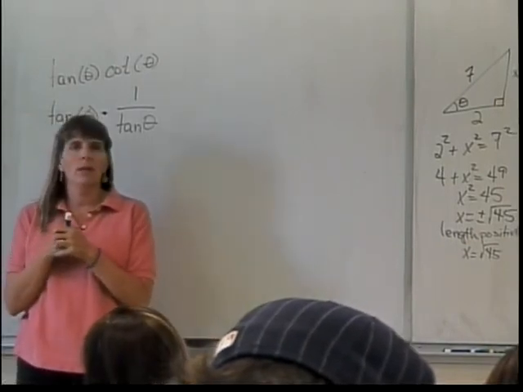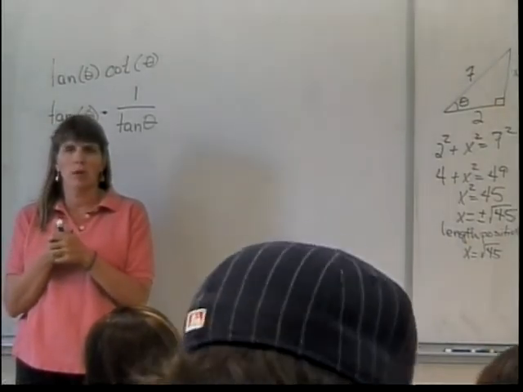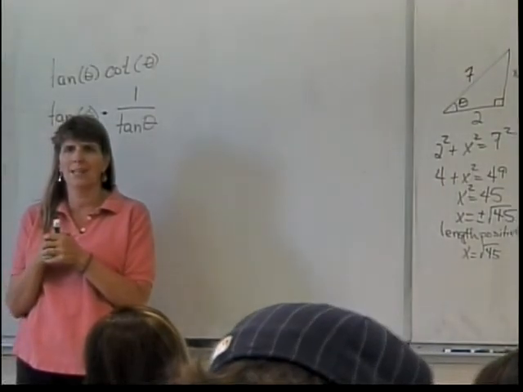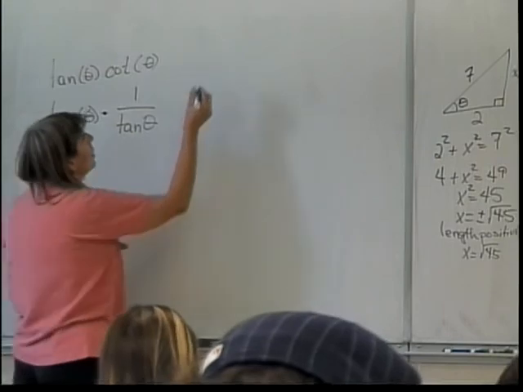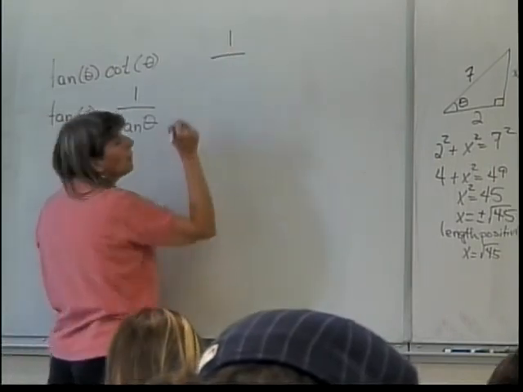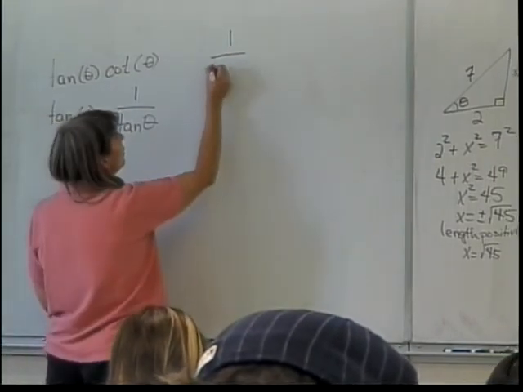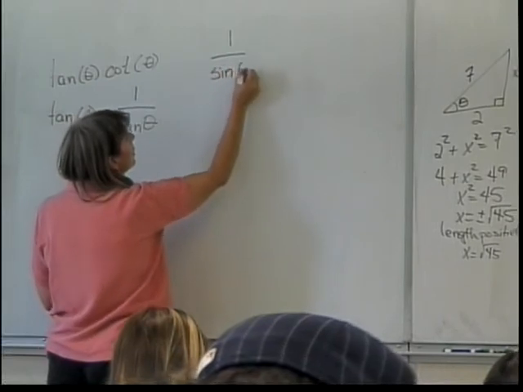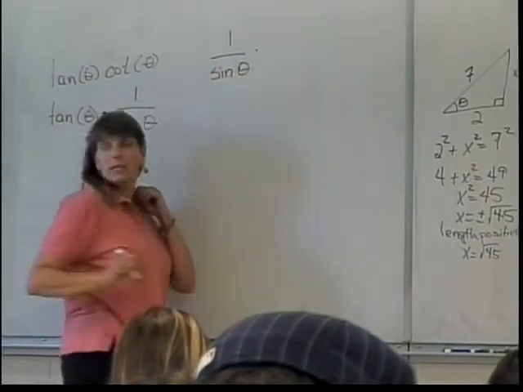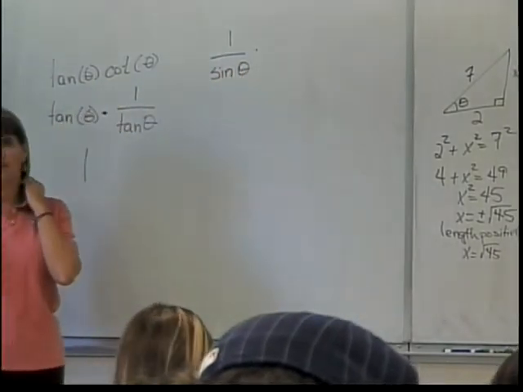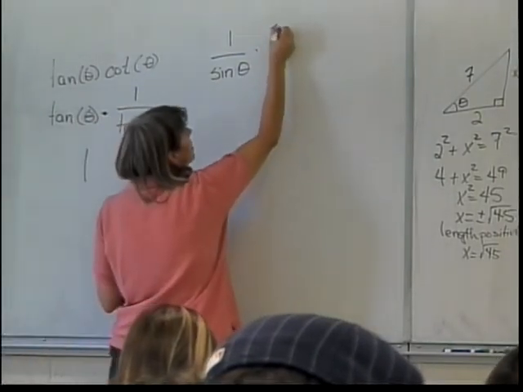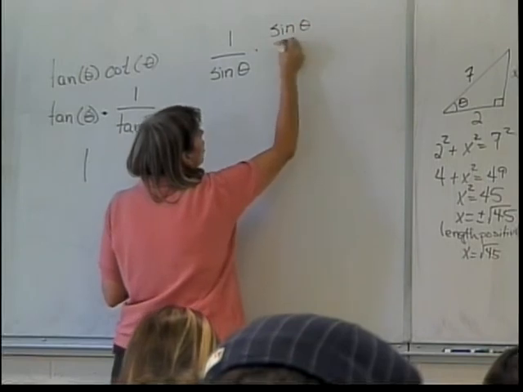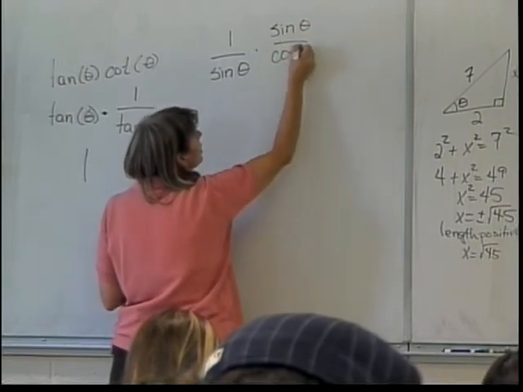So we have at least one person who votes that I don't need any triangles for this. What is the cosecant defined as? 1 over the sine of theta. And what is the tangent of theta defined as? Sine of theta over the cosine of theta.